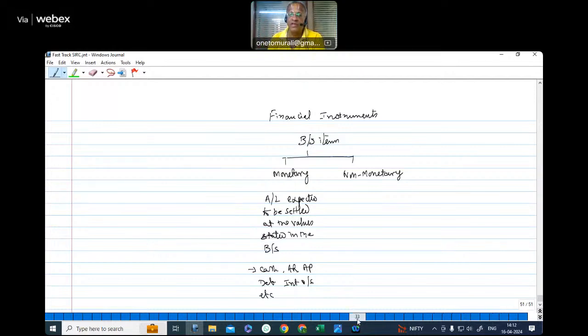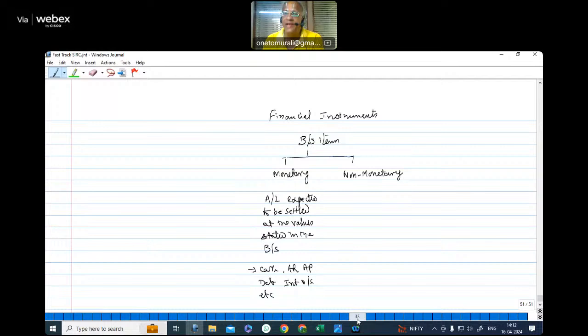So people might definitely be asking a question: is it not a scenario where debtors are received less than the value at which they are stated? Maybe true in some of the cases where you have bad debts and all that.